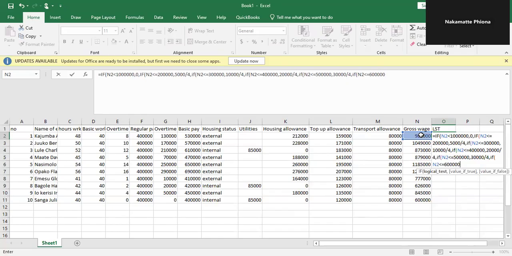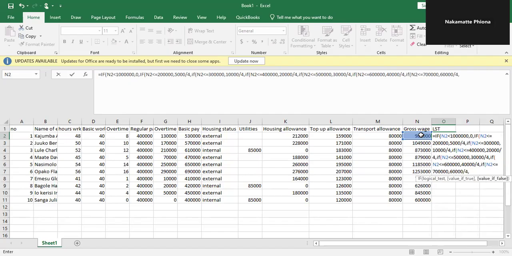If gross wage less or equal to 700,000, comma 60,000 over 4.